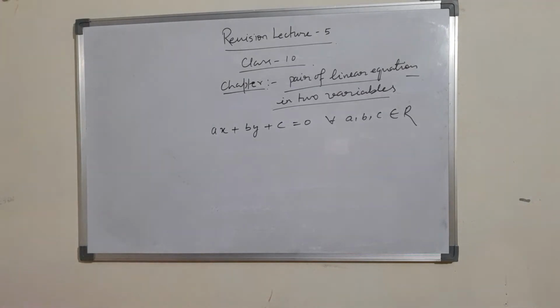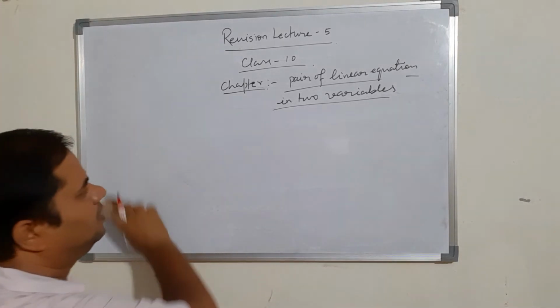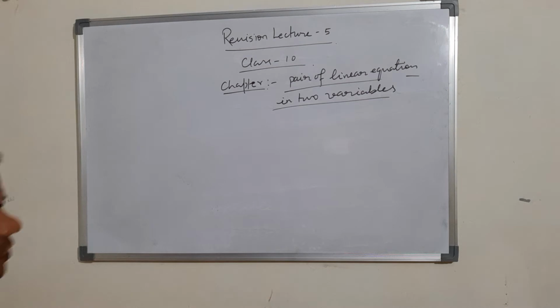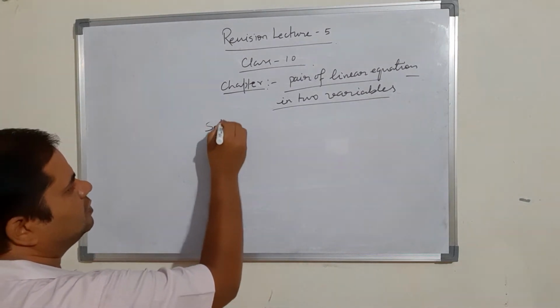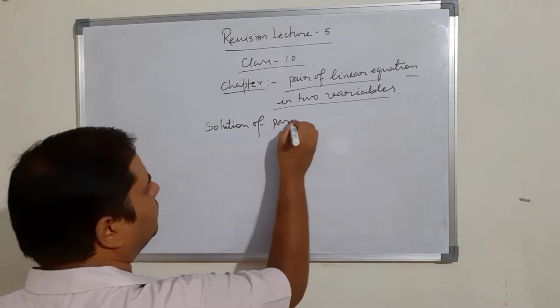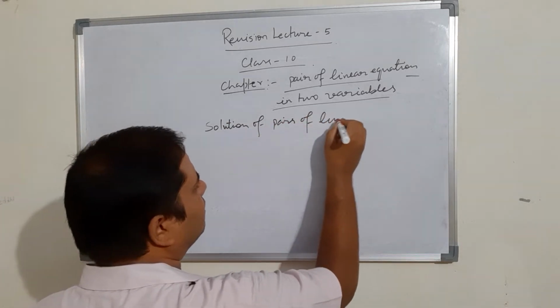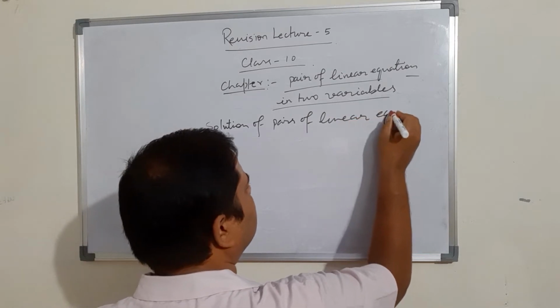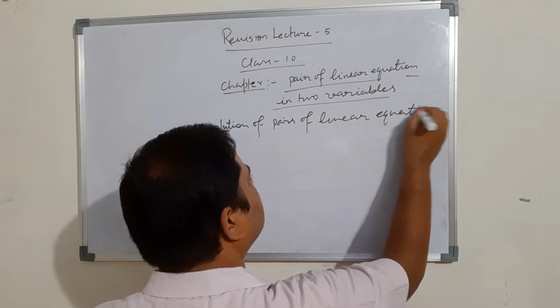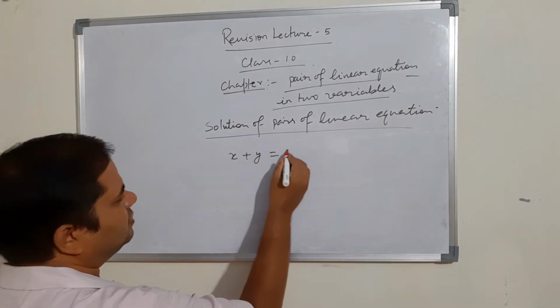Now solution of pair of linear equation. What is solution? Suppose we have given an equation x plus y is equal to 2.